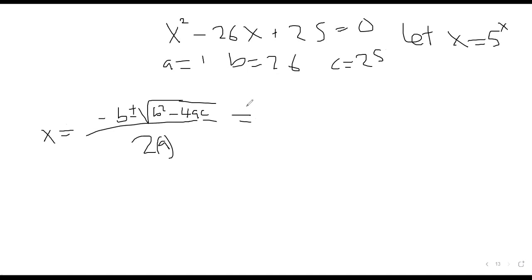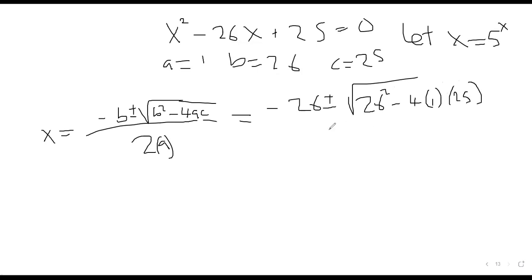So here we're going to have negative 26 plus minus 26 squared minus 4 times 25, over 2.